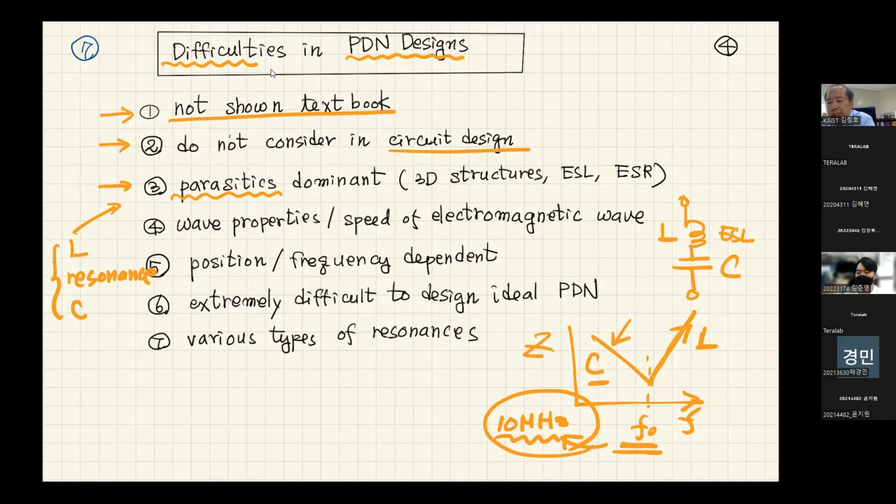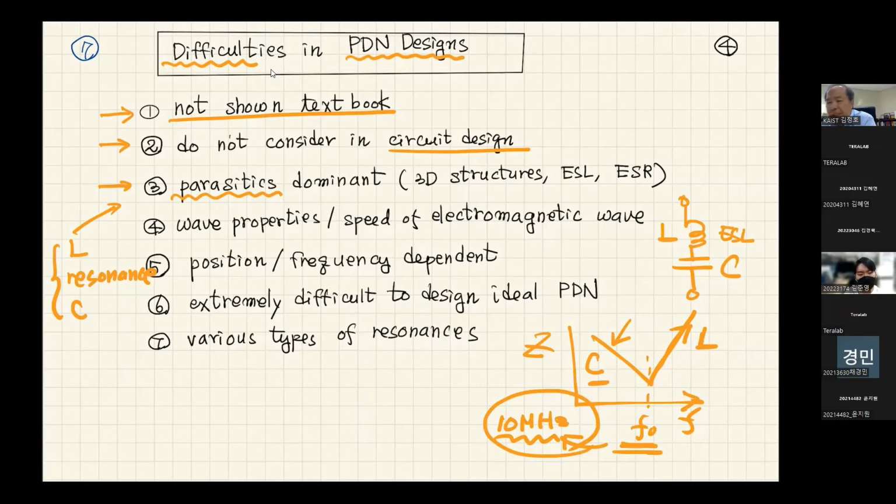Probably an on-chip decoupling capacitor is a good capacitor in the gigahertz range, but it usually has a certain amount of resistance. Resistance becomes very dominant at high frequency because of skin effect loss of the device and interconnections.